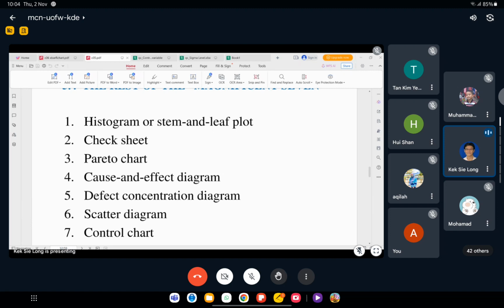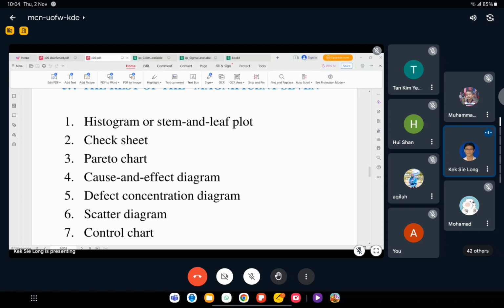As QC or QE, we need to use the appropriate diagram to make the data visualized by, for example, a manager, or maybe a customer.